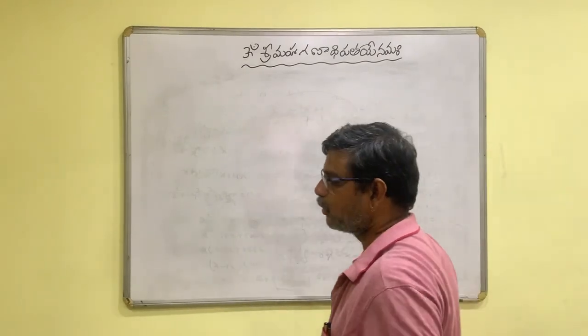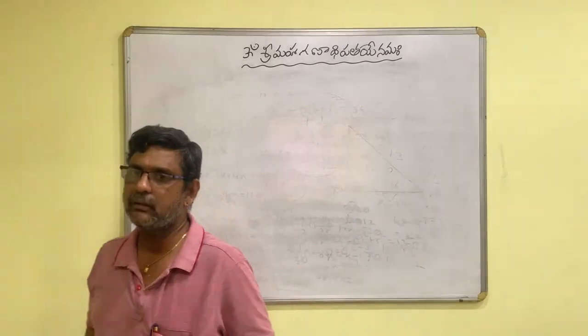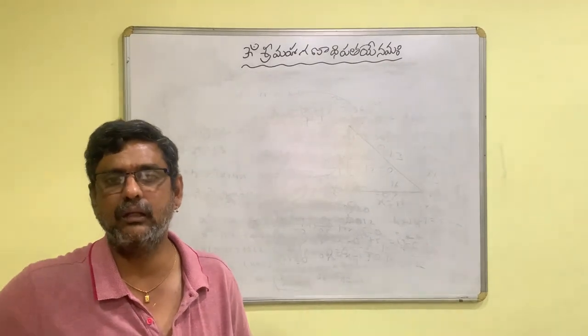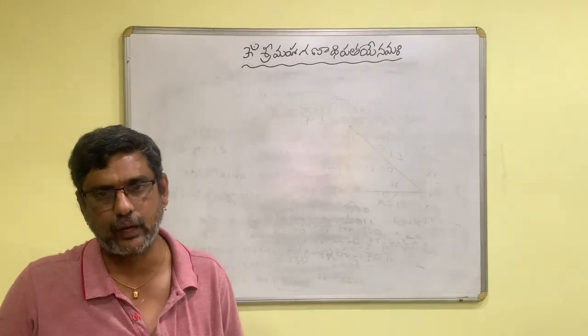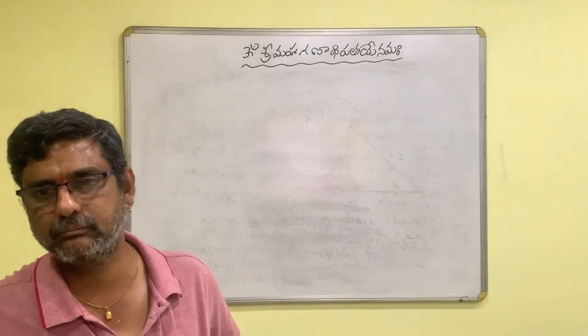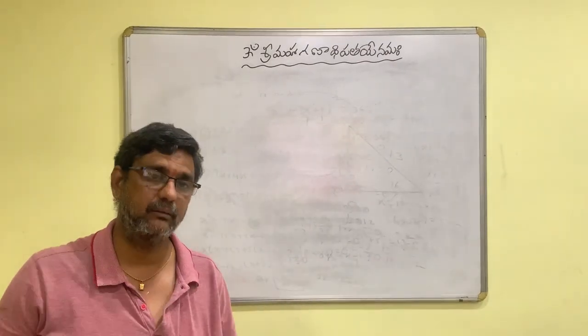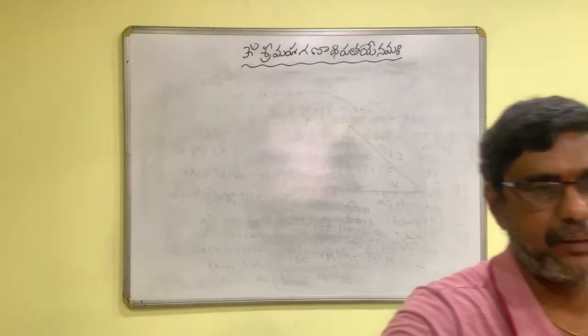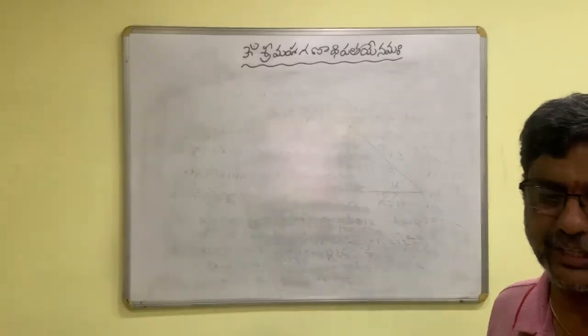The shopkeeper told him that the cost of one bat is 1500 rupees and the cost of one ball is 500 rupees. Sorry. Okay, let it be. Then I need to change the situation.